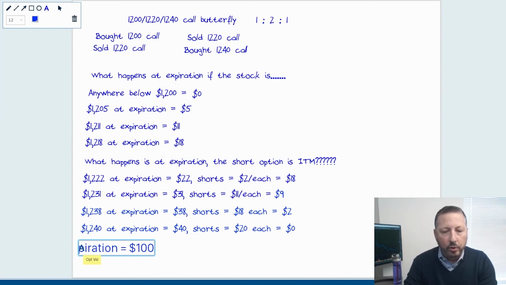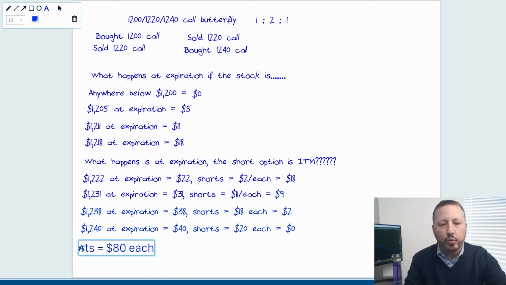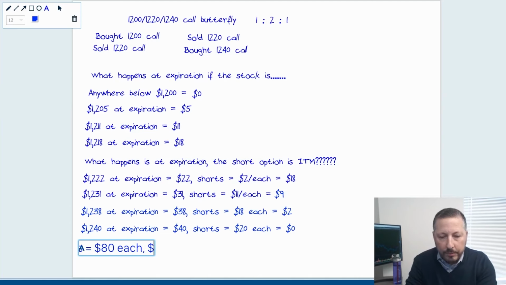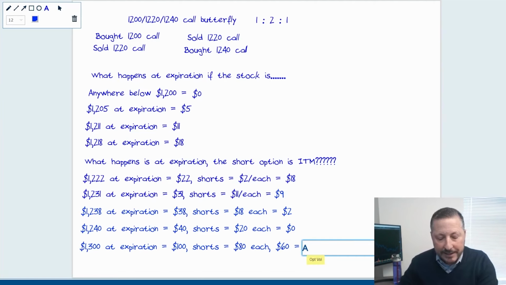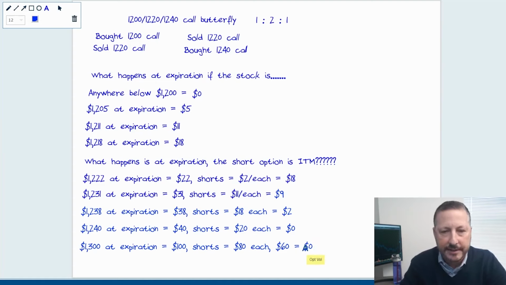Your long would be worth 100. The shorts, they'd be worth $80 each. But then we have that other long option. Remember at the end, the last wing. So that 1240 call would be worth $60. If I add that all up, that's plus 160 minus 160, still for a price of 0.